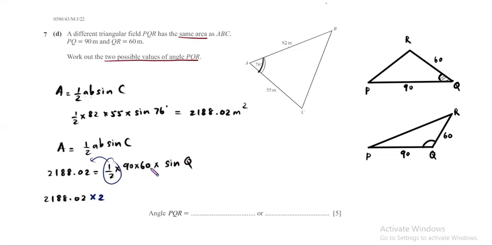The 90 and 60 are multiplying, so if I take those two to the other side, they will get divided as well. So that is 2 times 2188.02 divided by 90 times 60, equal to sine of angle Q. Q is the angle, so I need to do the inverse sine of whatever value I have here to find what Q is.